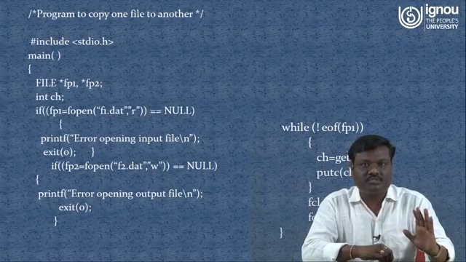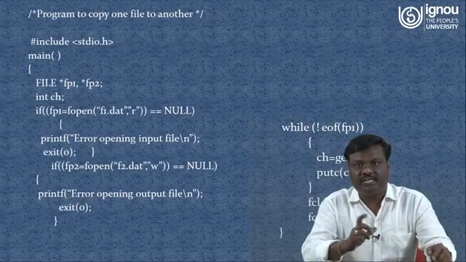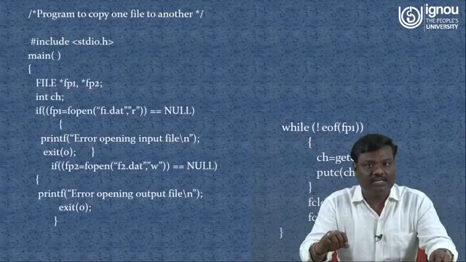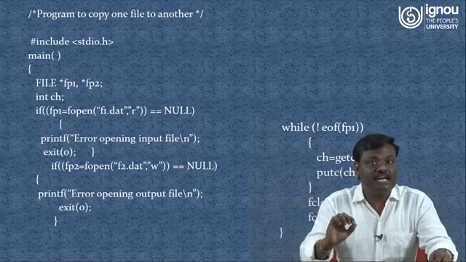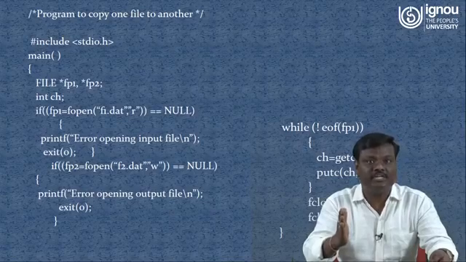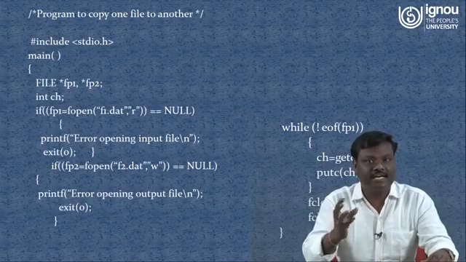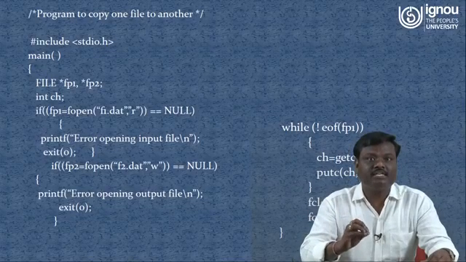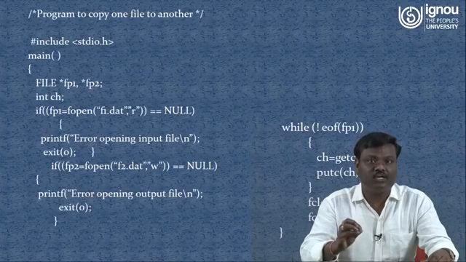Suppose that is qualified and it comes to the else part: while the end of file marker is not encountered for fp1, that is file 1, what needs to be done? Get the characters one by one and put each character in fp2, file 2.